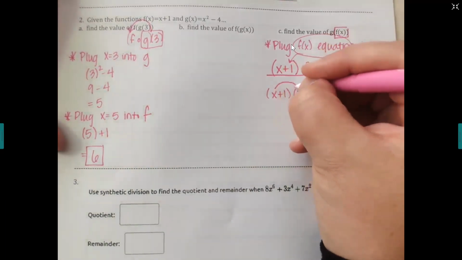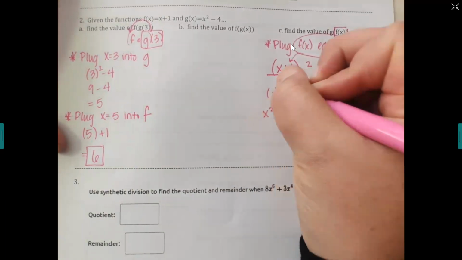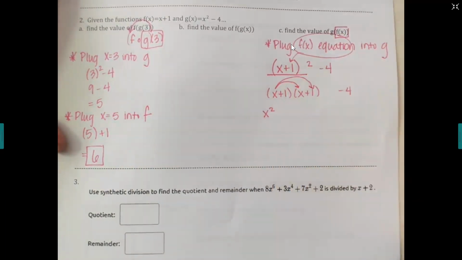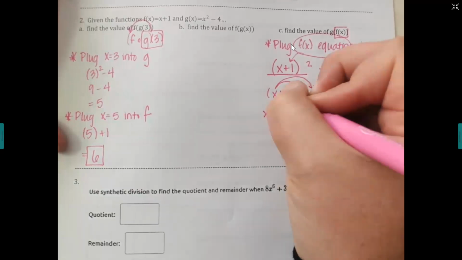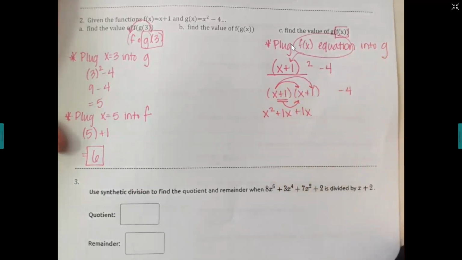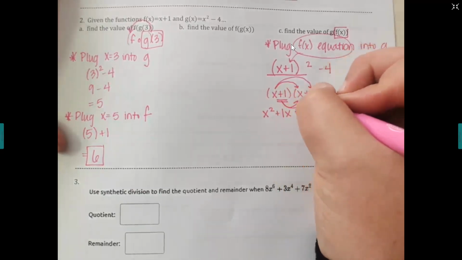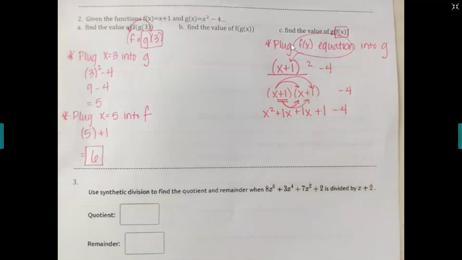So x times x is what? X squared. Then what about x times plus 1? Okay, or 1x. Same thing. Then 1 times x is another 1x. And then what about 1 times 1? 1. Good. Remember, we're not adding, we're multiplying.